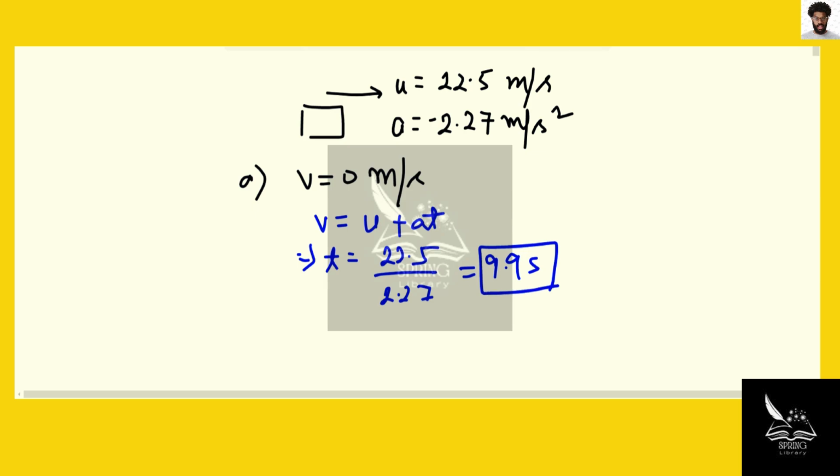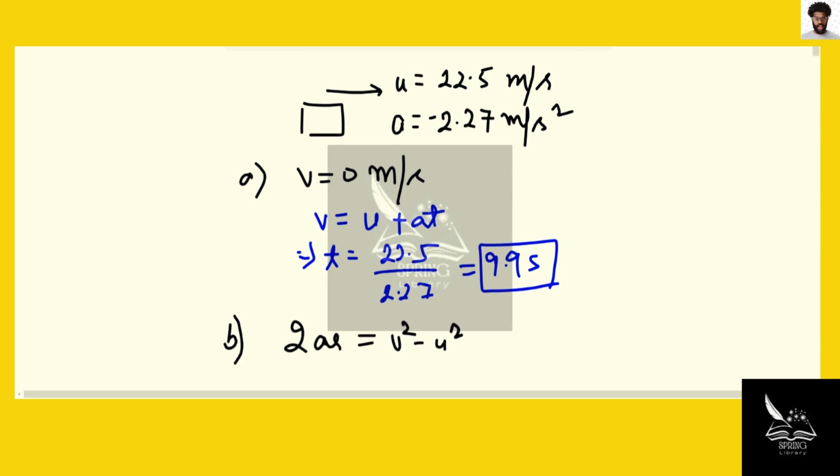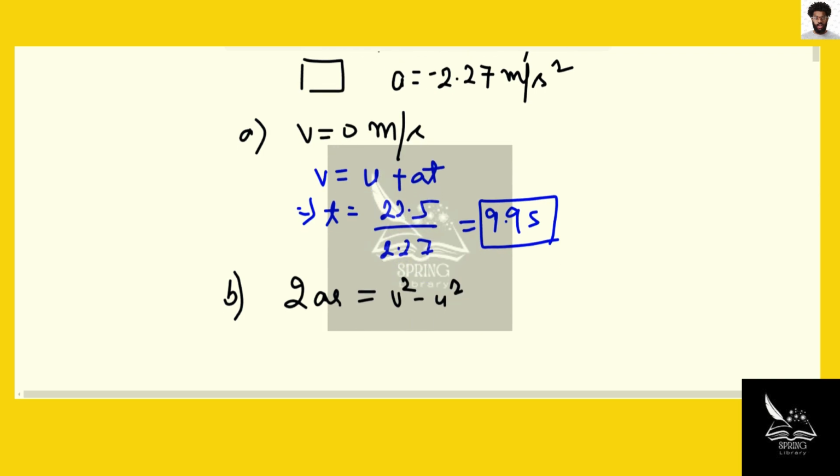In the next case, we have to figure out the distance this truck has traveled before stopping. For that, we once again use 2as equals v squared minus u squared. From here, the distance will be given by the value s, which represents the displacement.